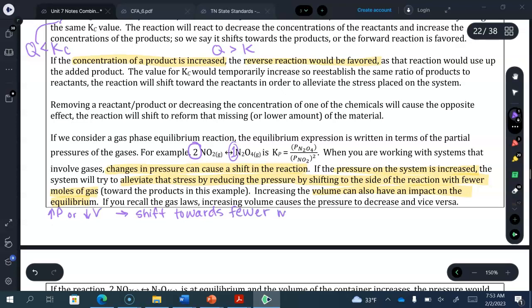And remember, it's just gas. Liquids and solids and aqueous solutions don't count. And if we decrease pressure or increase volume, we're going to shift towards more moles of gas.